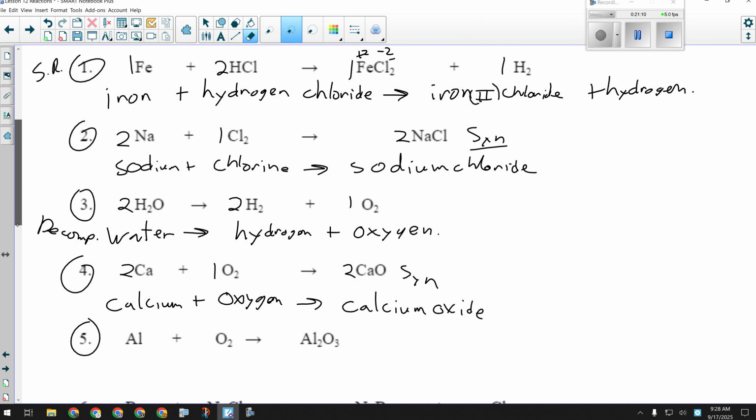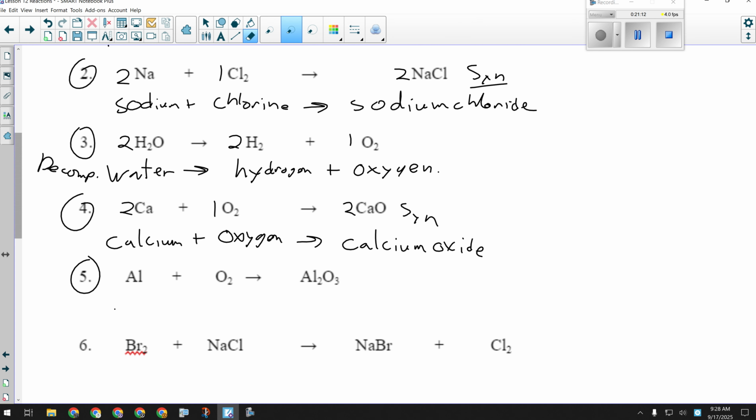Okay, and then for number 5, we've got aluminum. They like synthesis reactions in this one, it would appear. Aluminum plus oxygen is going to give aluminum oxide. So this is, as I said, a synthesis reaction.